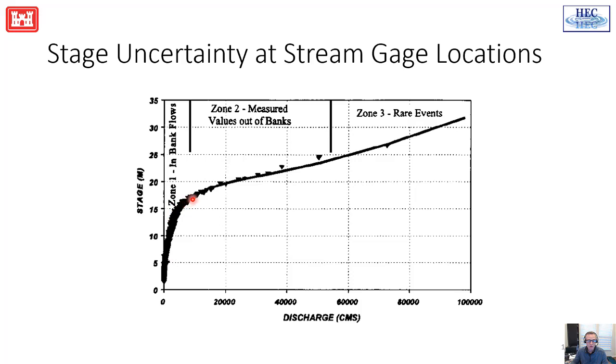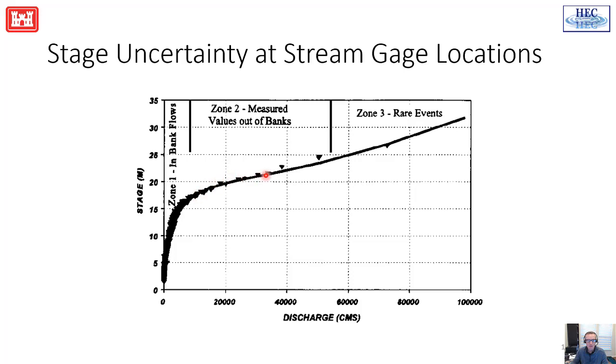As flow starts to go out of bank, the rating curve may become more uncertain, or it may stay relatively certain depending on what the floodplain in the overbanks looks like. If the floodplain is wide and flat, then large changes in flow may not affect the stage very much at all.